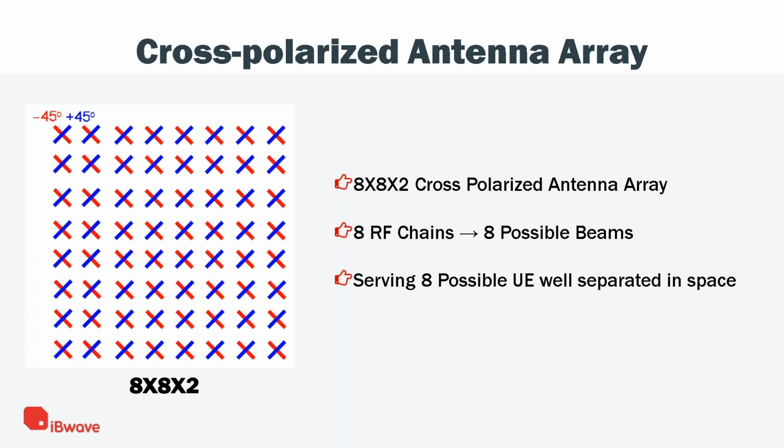So in total, you may implement 8 RF chains. If you apply this kind of hybrid beamforming and digital beamforming, it can be possible to create 8 beams at the same time. And when we have 8 beams, we can actually serve 8 UEs if they are well separated in space. So this is one of the applications of such a cross-polarized antenna and beamforming.